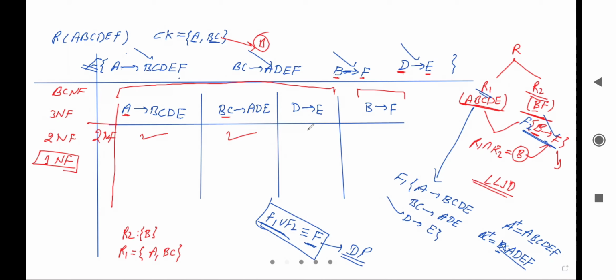So here it is not a partial dependency, which means this case is valid. And what about B goes to F? We know that B is a super key, so this case is valid. So this is in second normal form. Before decomposition it was in first normal form, but after decomposition it is in second normal form.